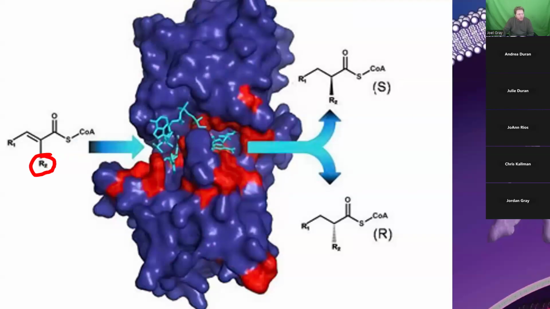So in our input, we've got that R2, and then on the right-hand side of our enzyme, we still have that R2 on the top model and then the bottom model. Are those R2s connected in the same way to the molecule as before? Yes or no? So the structure on the left versus the structures on the right, do they look the same? Specifically, kind of looking at that R2 there. They look similar, but there's a very subtle difference.